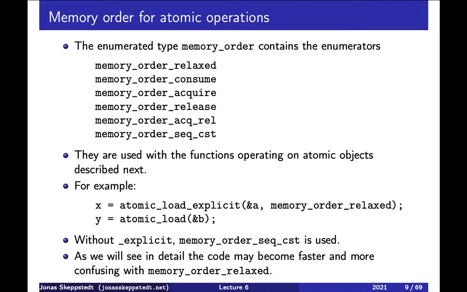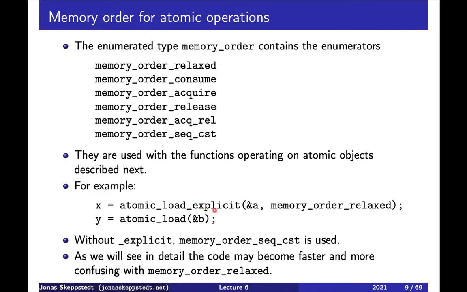To be concrete, if we want to read a variable, then we can either read it as it is, taking the contents, or we can use atomic load and take the address of the variable, and this will be an operation using sequential consistency.